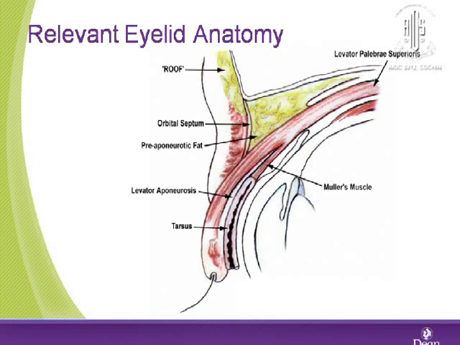First, I'd like to give you an oversimplified view of the relevant eyelid anatomy. Really the key anatomic points are your skin and eyelid crease. We typically do external ptosis surgery through an eyelid crease-based incision. The height of the eyelid crease can certainly vary among different backgrounds and different ethnic groups.